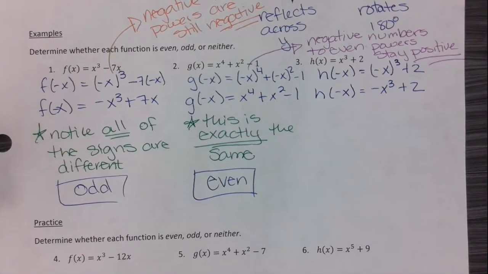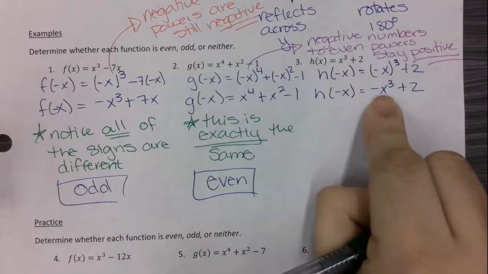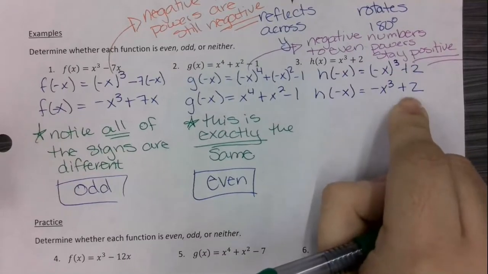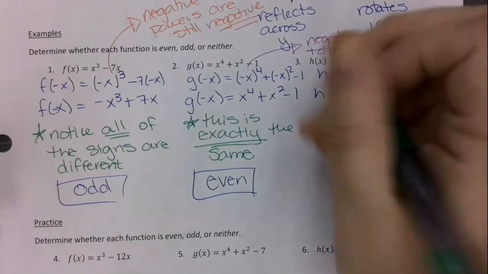Okay. So, the x cubes are opposite signs? Are the 2's opposite signs? No. So what does that mean? Neither.